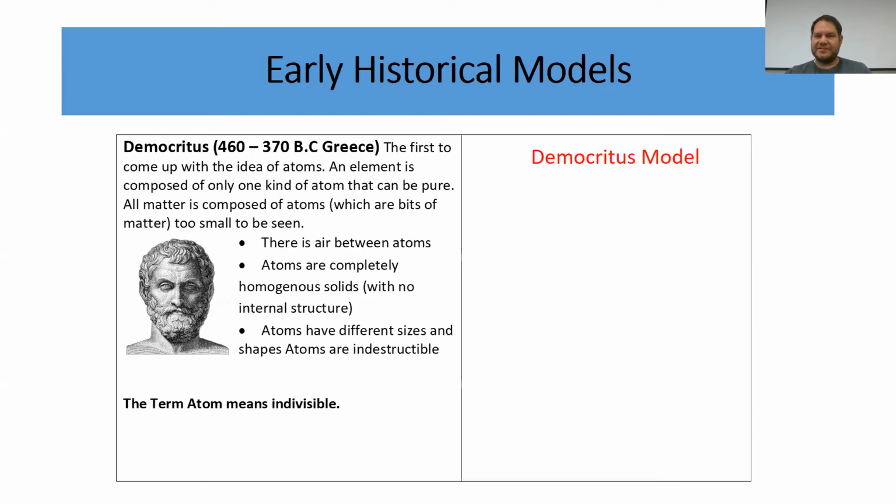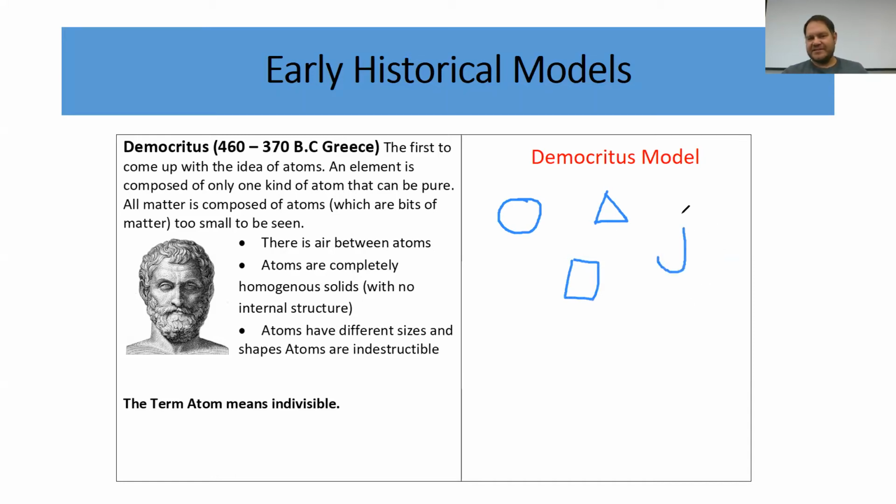And so, there must be space that exists between these atoms. So essentially we could draw a model of Democritus. Again, he thought of atoms coming in different shapes and different sizes. So some of them could be triangles, some of them could be spheres, some of them could be boxes, maybe some of them could be hooks.